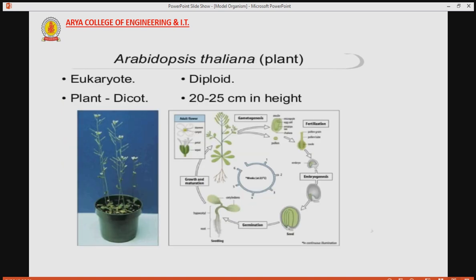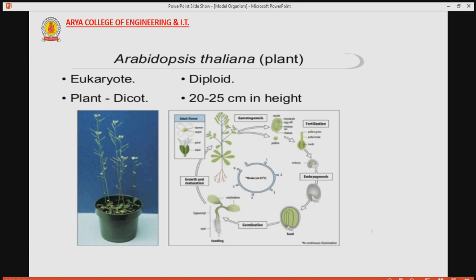And now the next one is Arabidopsis thaliana. It is a plant counterpart of Drosophila. It is called the Drosophila of the plant kingdom. Again, it is eukaryotic. It can be grown in a pot, being small in size, and many generations can be grown within a limited time.